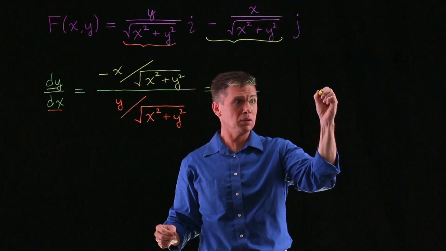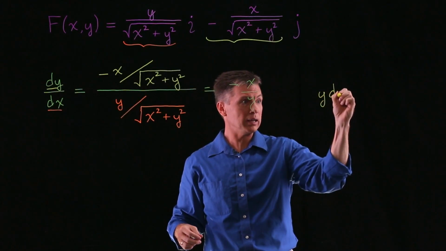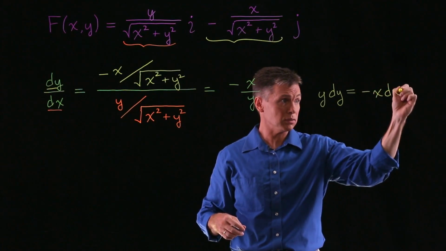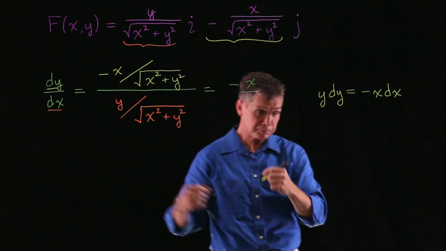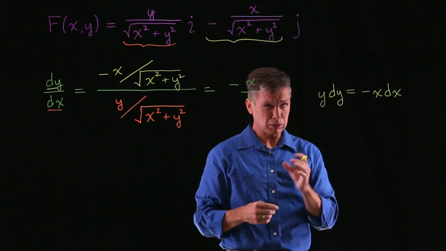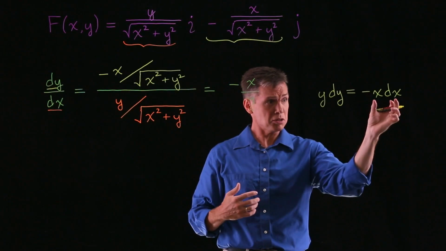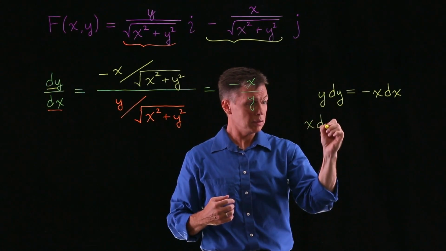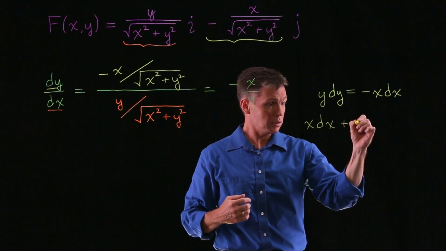And so we would get y dy equals minus x dx. All right, just cross multiply. Then in order to make it look like one of our exact differential equations, I'll even bring the x dx to the left-hand side. It becomes positive.